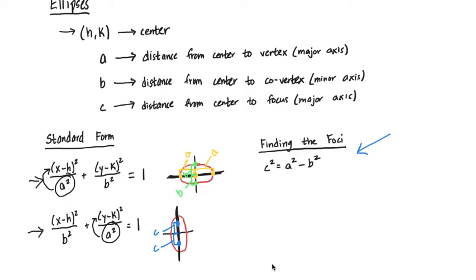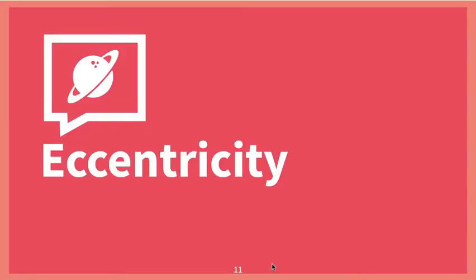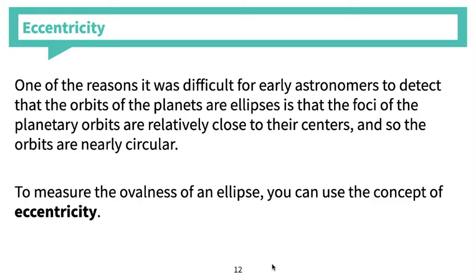So let's talk about something called eccentricity. All right, eccentricity. Eccentricity is actually pretty cool. It's a number that represents how oval or how circly, that's a very unmathy definition, a shape is. Okay, so this is awesome. I love this.